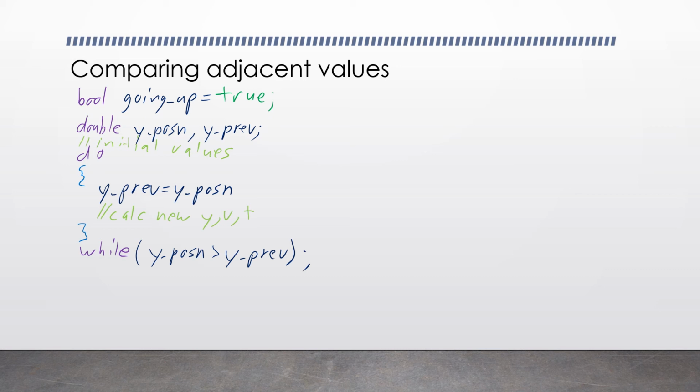Okay, so this will kick us out of the do while loop as soon as we calculate a new y position that is less than or equal to y previous, that is, as soon as the rocket starts to fall back to Earth. And then you can report the max height as y previous, because that was the highest point. Y position is now either equal to or one notch down from y previous.